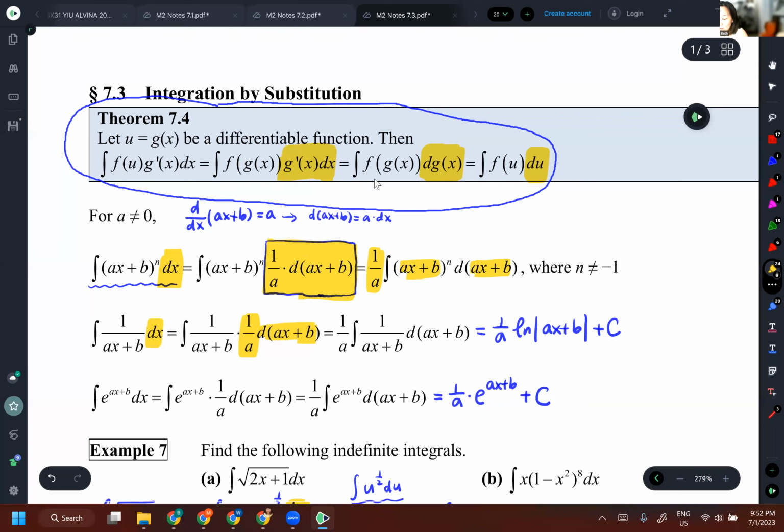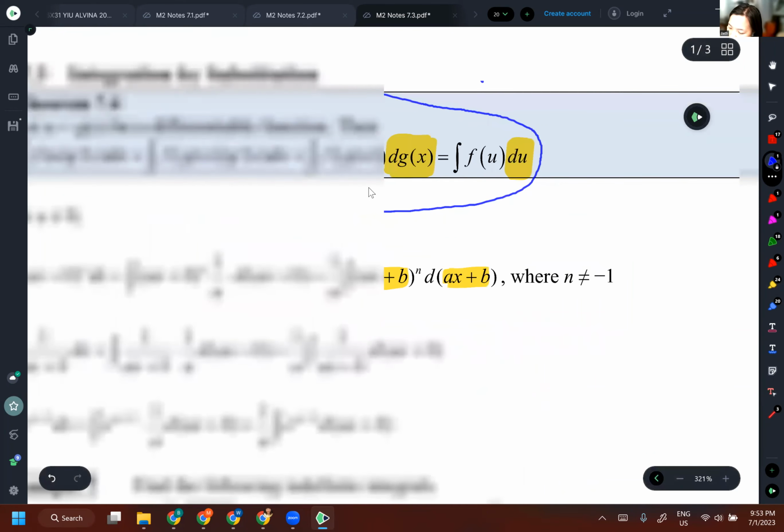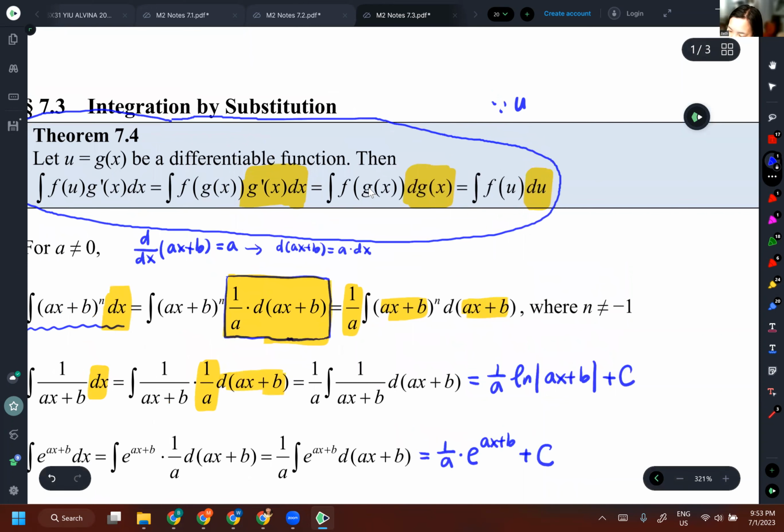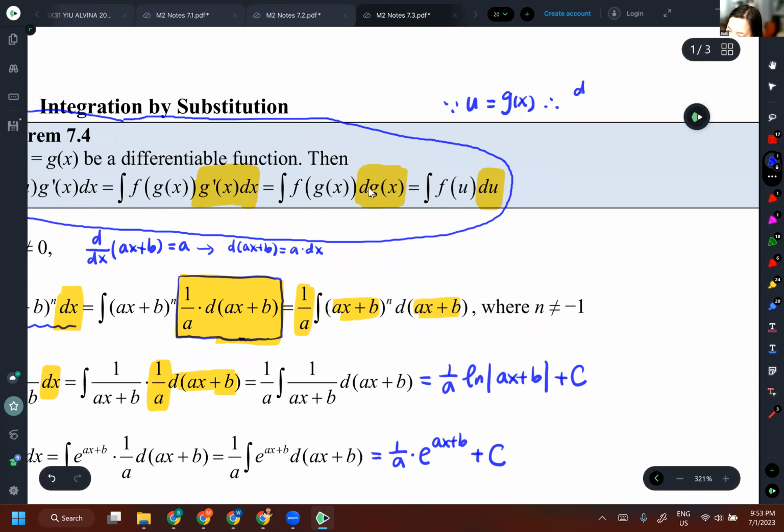Now I don't know how to explain it to you now, but because u equal g of x, therefore du dx equal g prime x, therefore du equal g prime x dx.